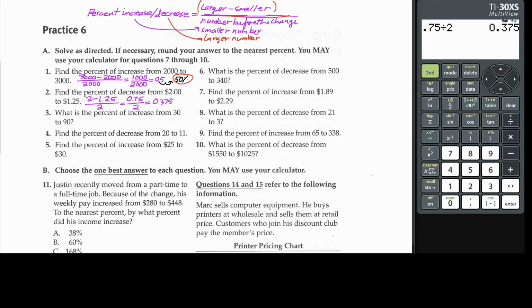Now I need to change that to percent by moving the decimal 1, 2. So my answer is 37.5%.